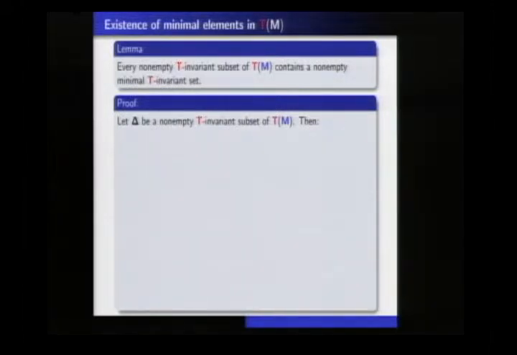I'm trying to find inside it a minimal t-invariant subset, the smallest one. Notice the smallest ones are not necessarily unique. We have a partial ordering on subsets, containment. So a given T of M, for example, might have more than one minimal t-invariant set.